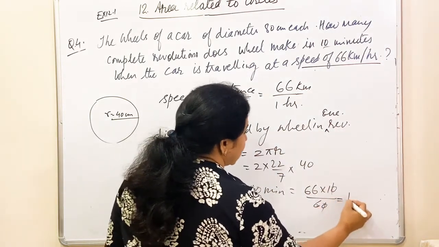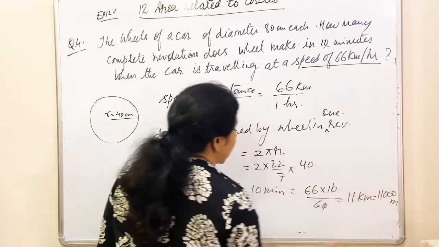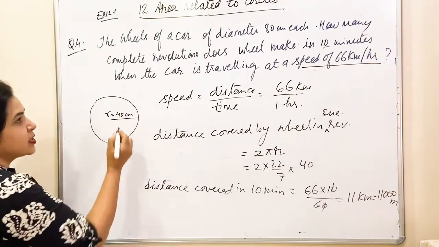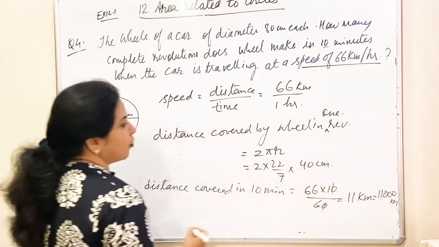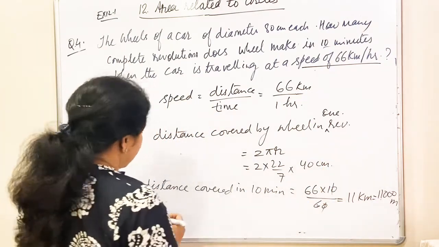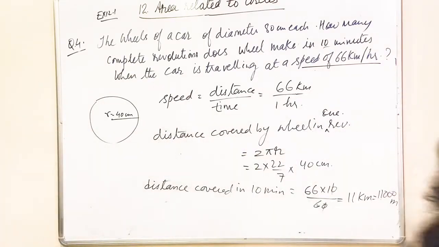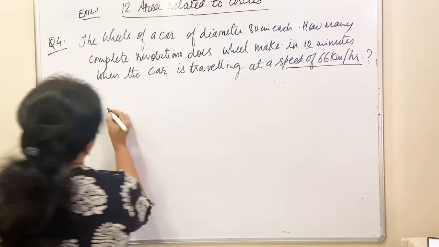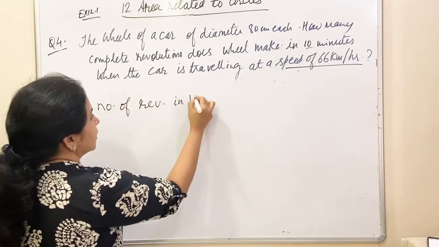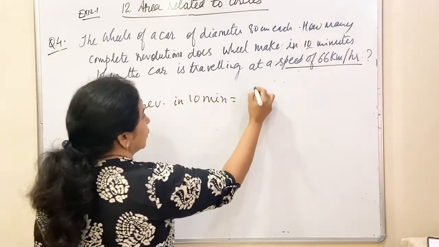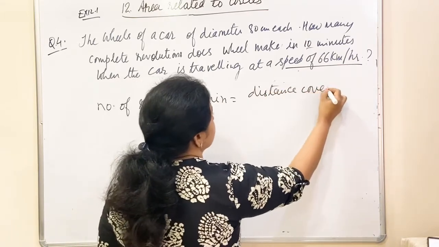Okay, so that is 11 kilometer, 11,000 meter. If we calculate this in meter, here the radius is given in centimeter, and so it is here 40 centimeter. So now we will calculate the number of revolution.